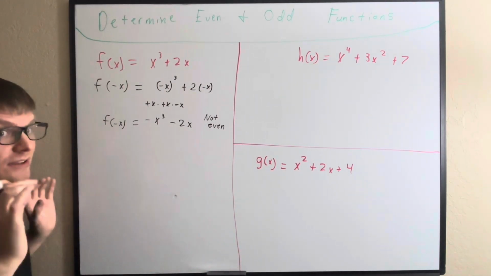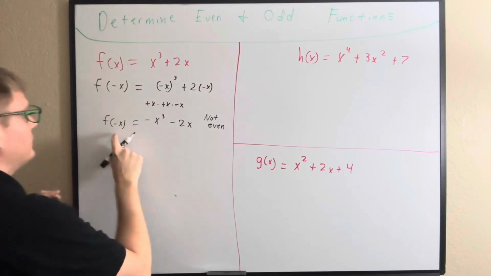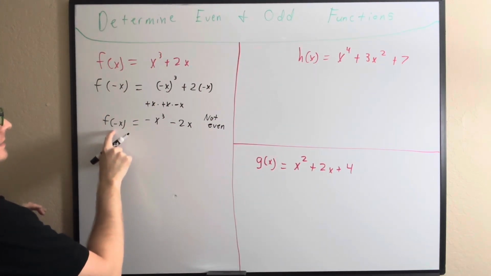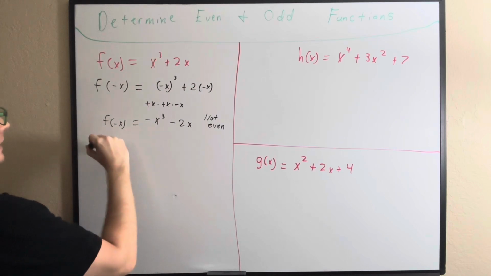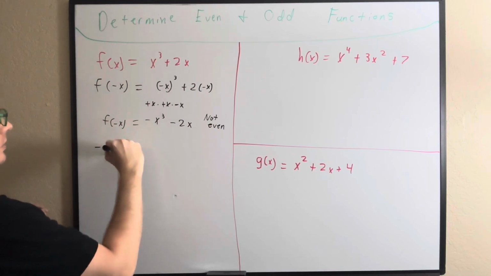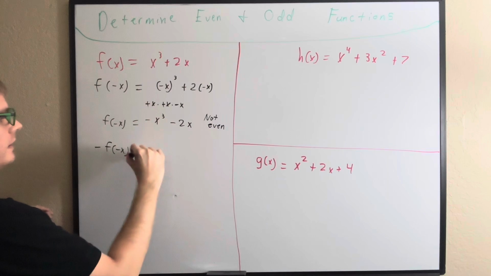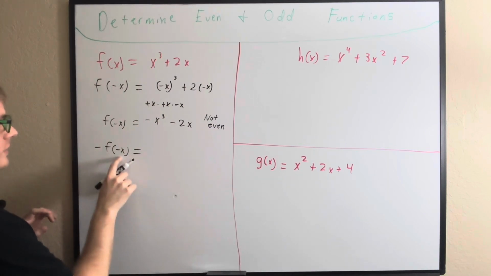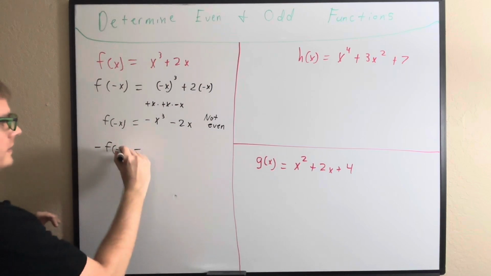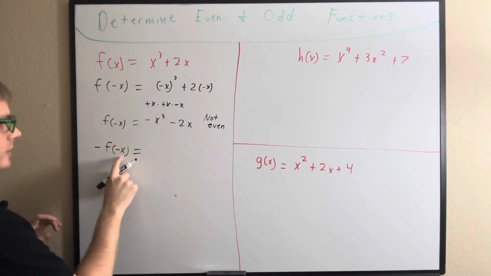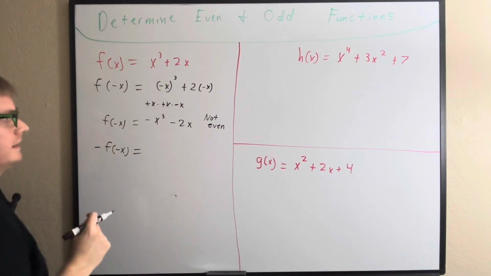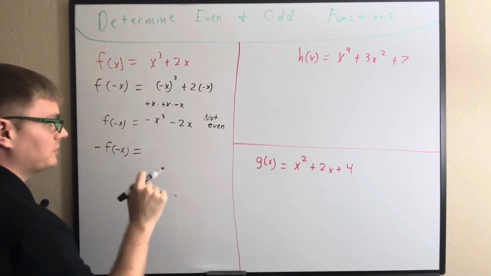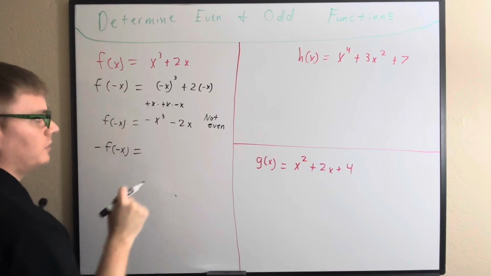That's all we know so far. Now, to determine if it's odd, we take this and reflect it across both axes. So we need the negative of the function and the negative inputs, negative output, negative input, to see if it's symmetrical across the origin.